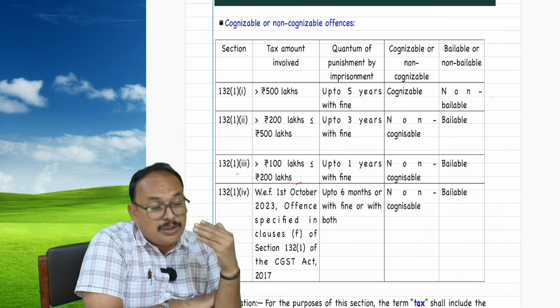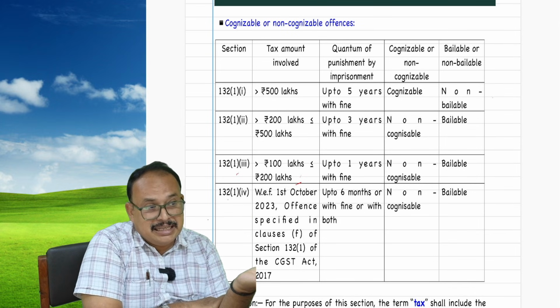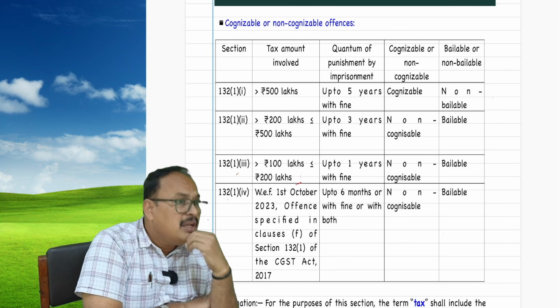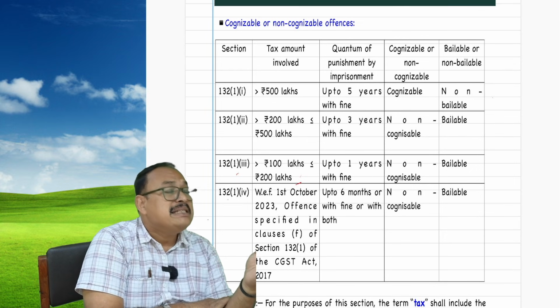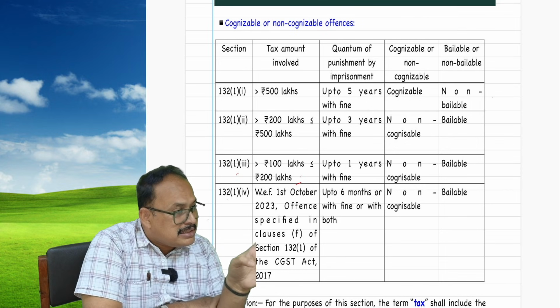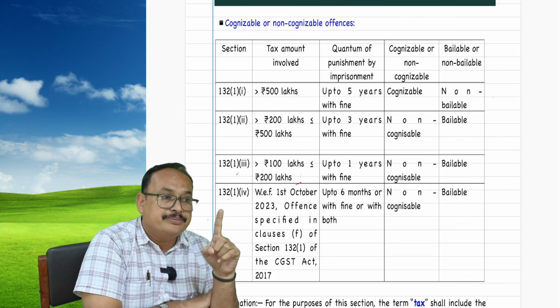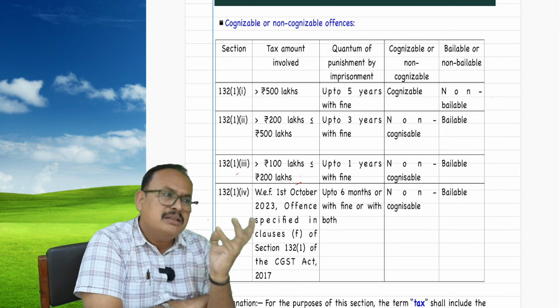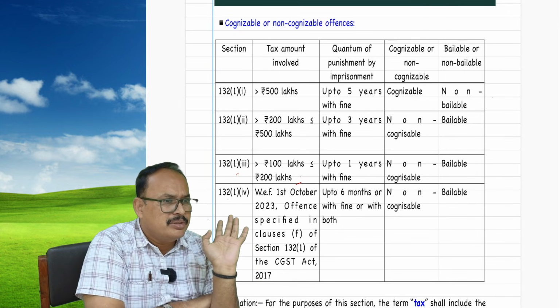If it is more than 500 lakhs, namely more than 5 crores of tax evasion, where it is other than class A, class B, class C, class D of section 131, in that case the offence is again bailable, namely non-cognizable.